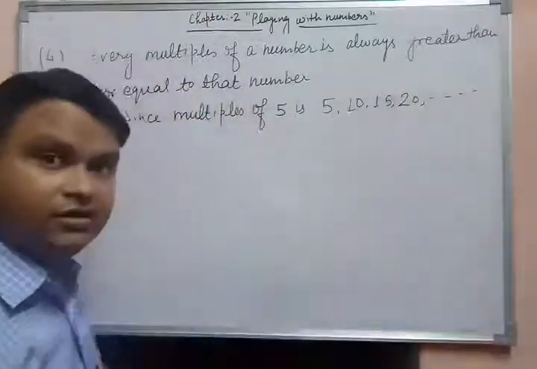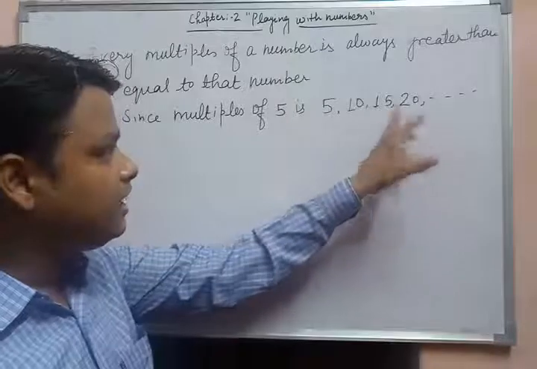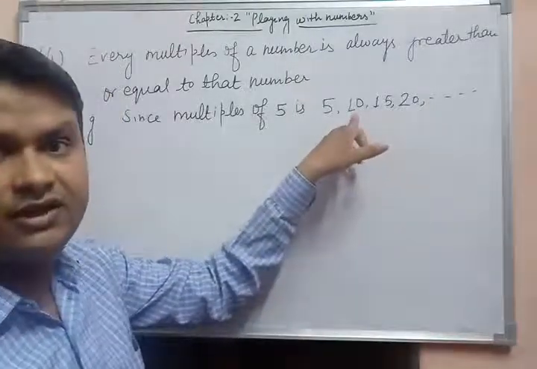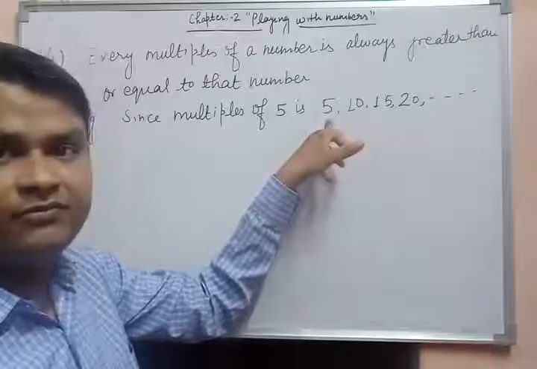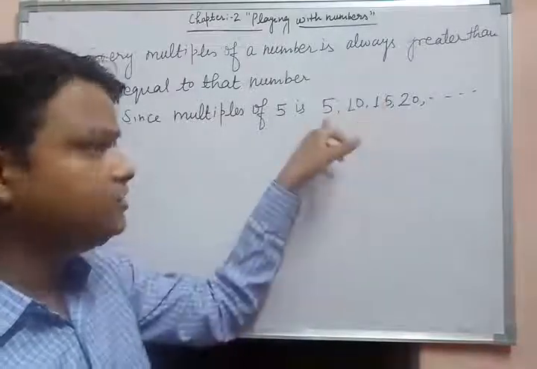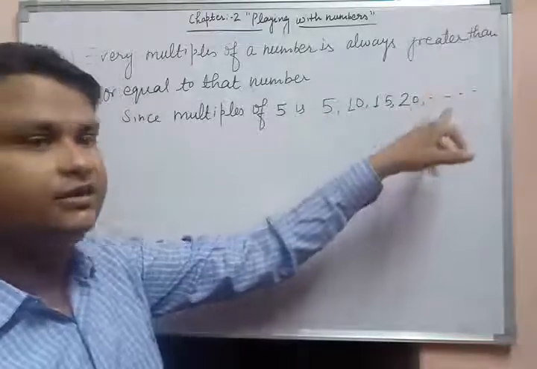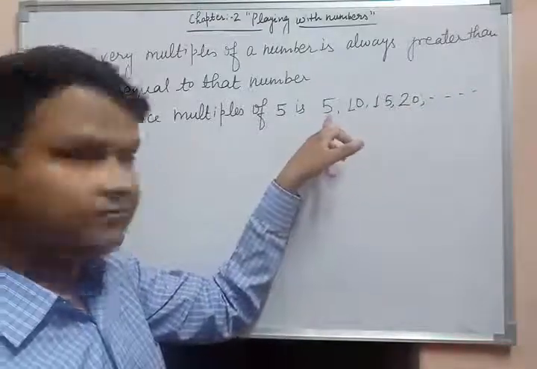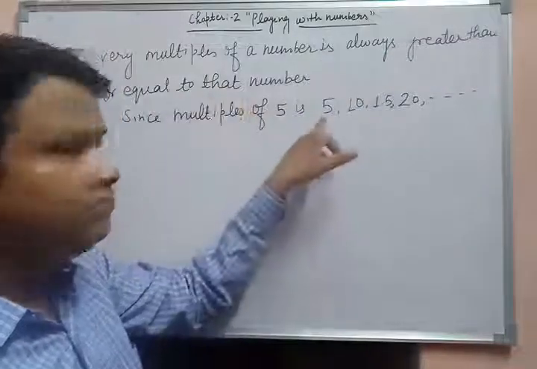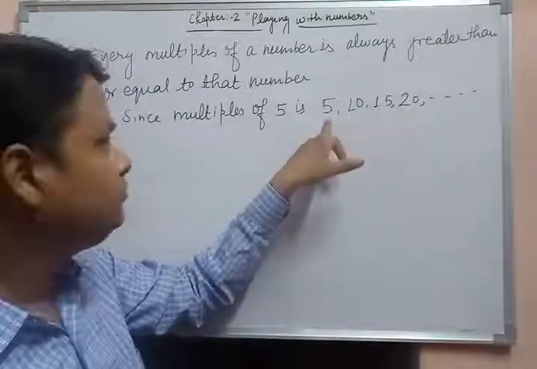This shows that all the multiples are greater than, for example, 10 is greater than 5, 15 is greater than 5, 20 is greater than 5, and all the multiples are greater than or equal to that number.